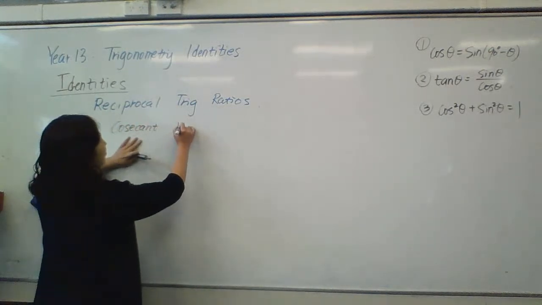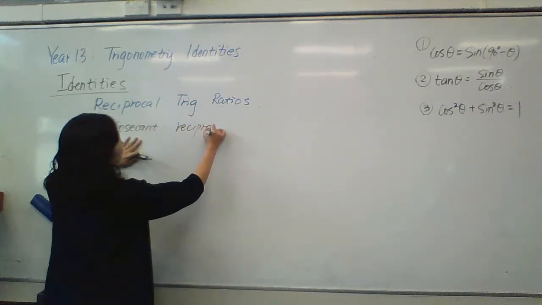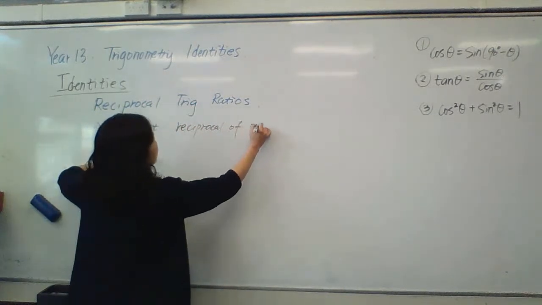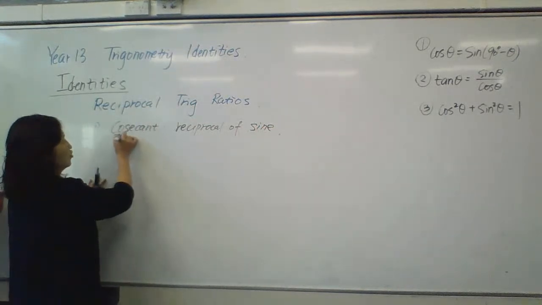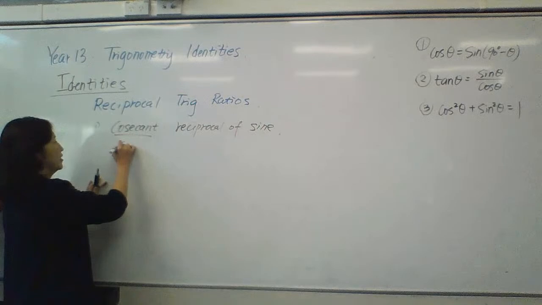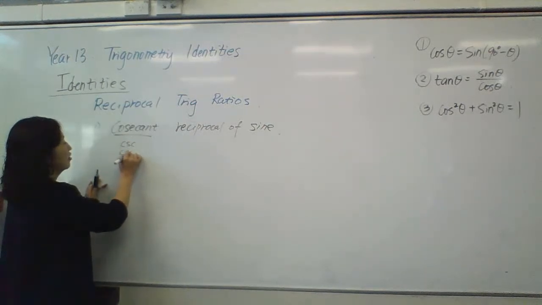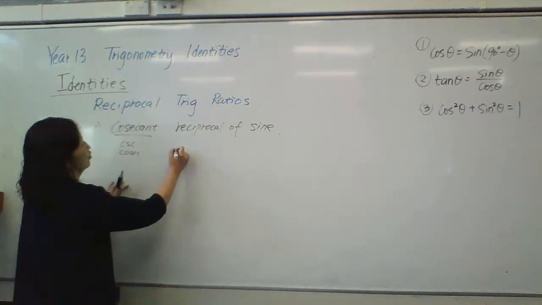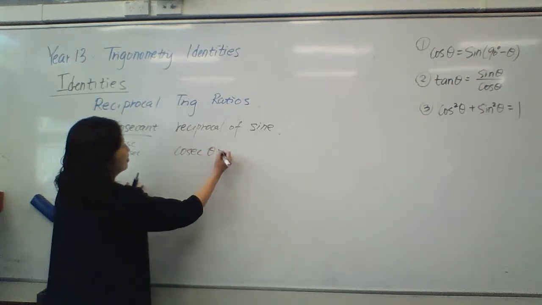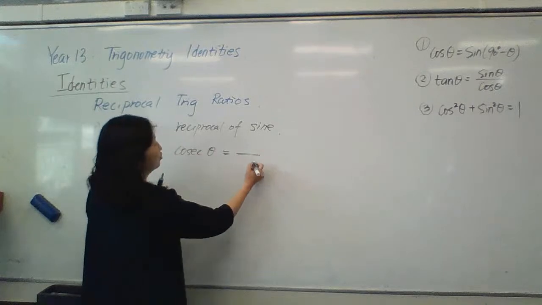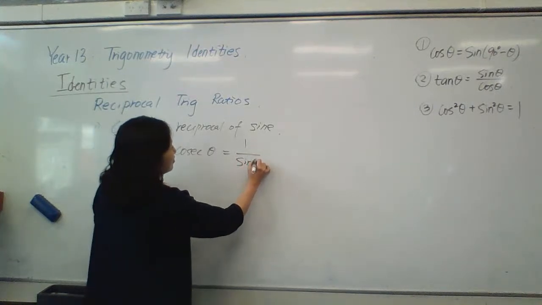This is the reciprocal of sine. The short form for cosecant can be CSC, or also cosec. So cosec of the angle theta is equivalent to 1 over sine theta.